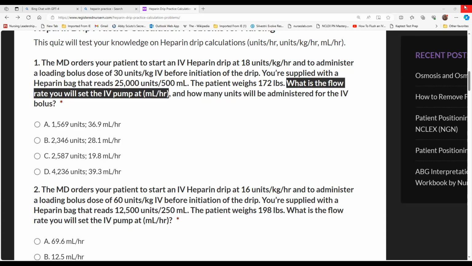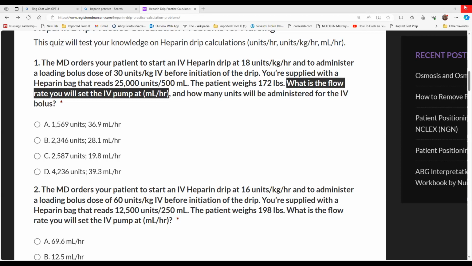No. PTT or APTT? APTT. Okay. Right. What is the antidote for heparin? Vitamin K? No. Heparin, protamine sulfate. Yeah. Okay. And what else do you have to monitor besides the APTT when you're giving heparin?